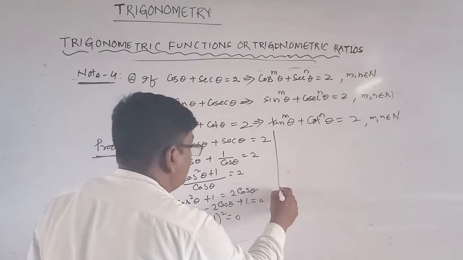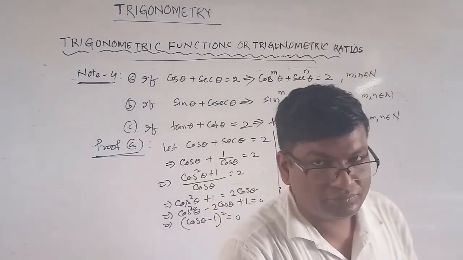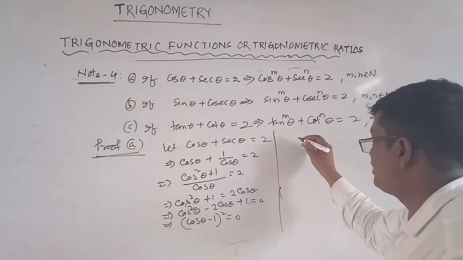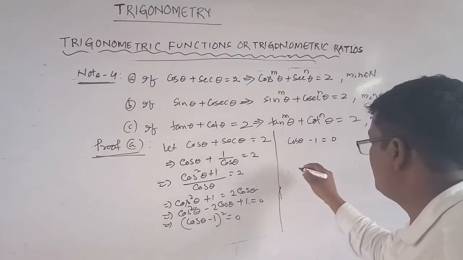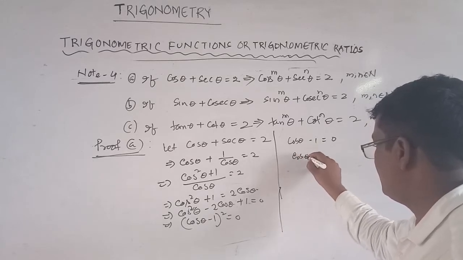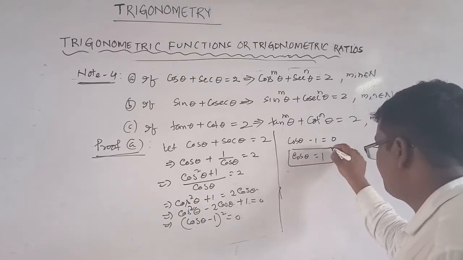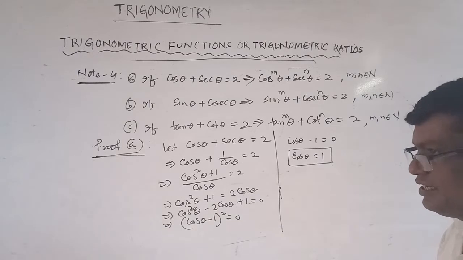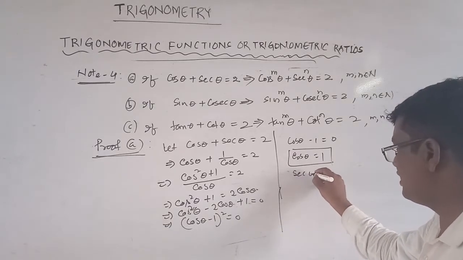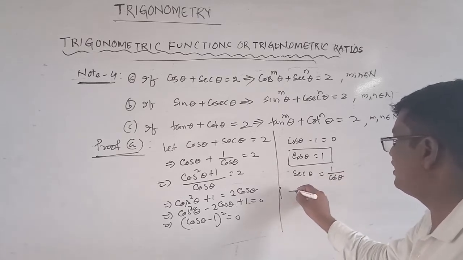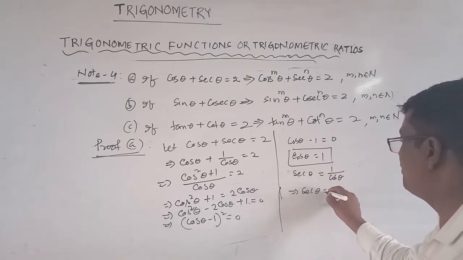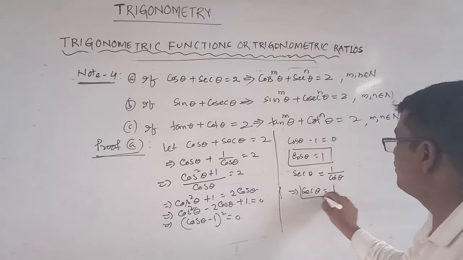That implies cos theta minus 1 is equal to 0. So cos theta is equal to 1. If cos theta is equal to 1, sec theta is also 1, since sec theta is equal to 1 by cos theta.